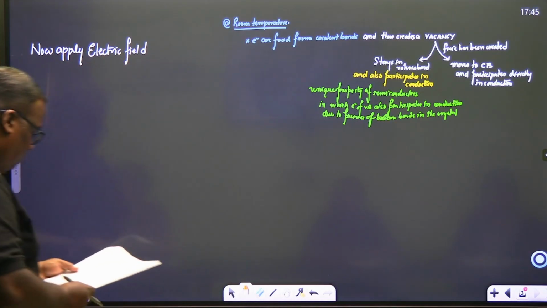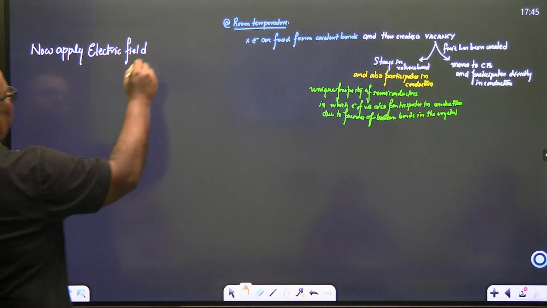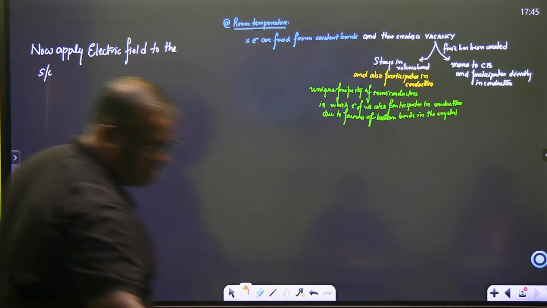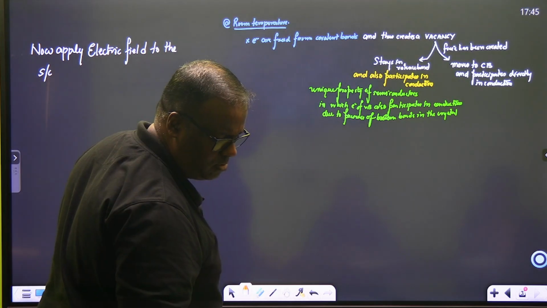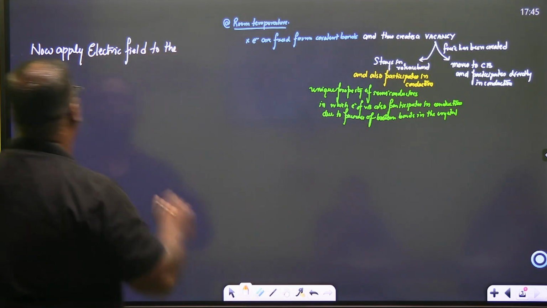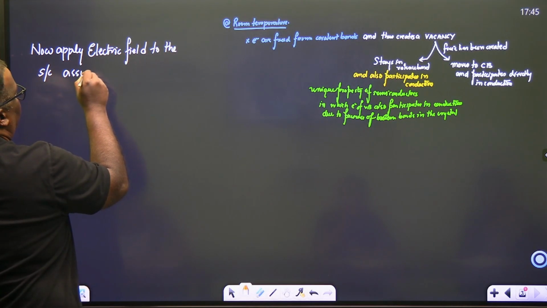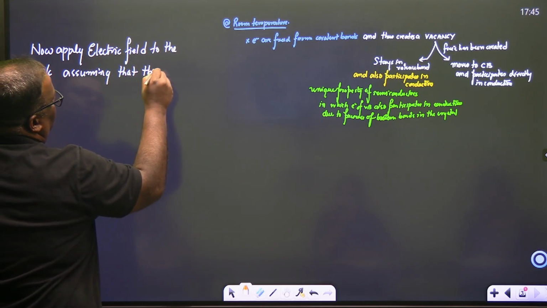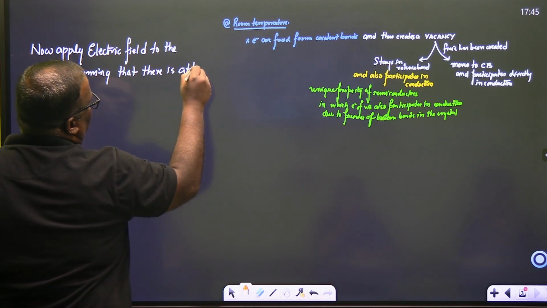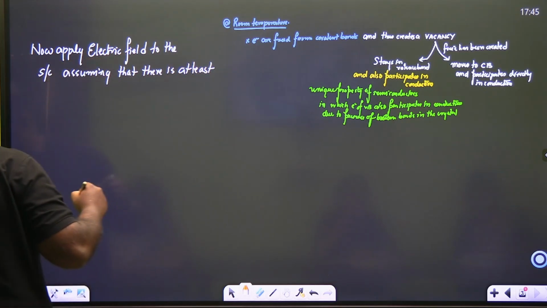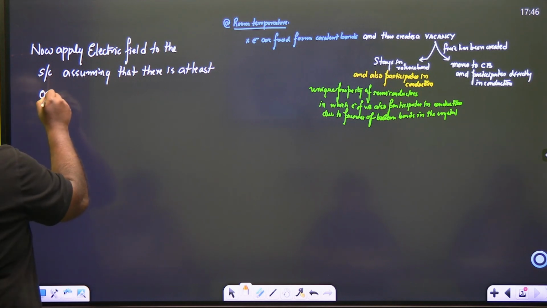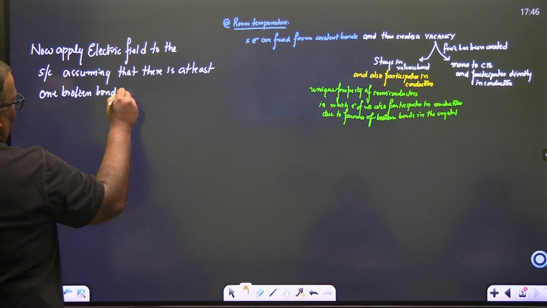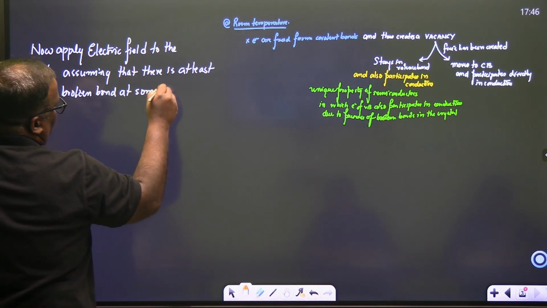So now you apply an electric field to the semiconductor, assuming that there is at least one broken bond at some location.